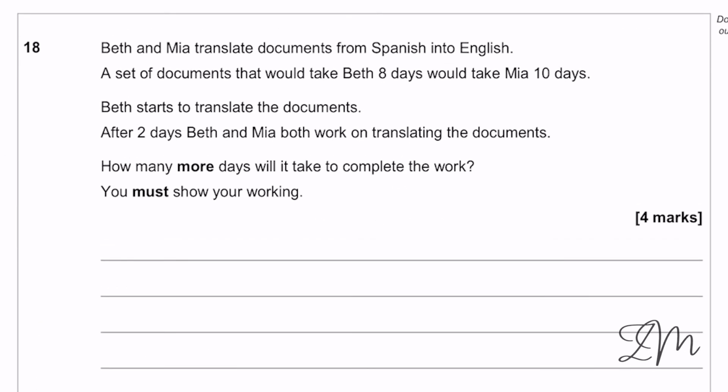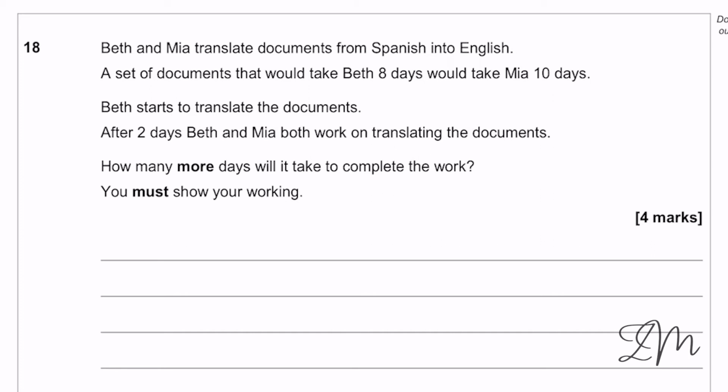Question 18. Right. Beth and Mia translate documents from Spanish to English. A set of documents that would take Beth 8 days would take Mia 10 days. Beth starts to translate the documents. After 2 days, Beth and Mia both work on translating the documents. How many more days will it take to complete the work?